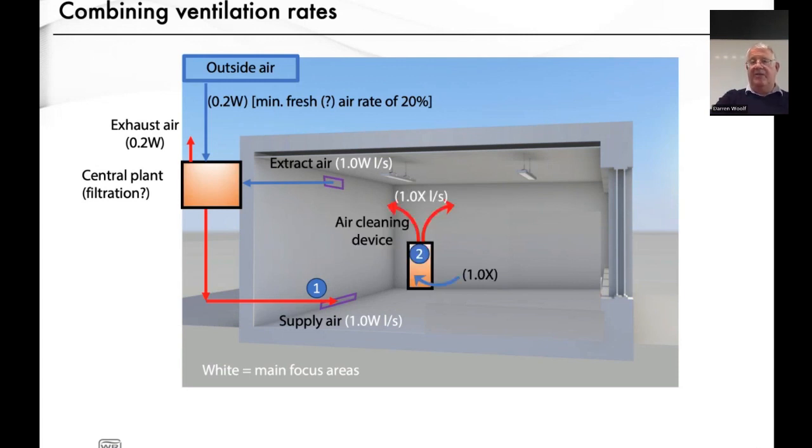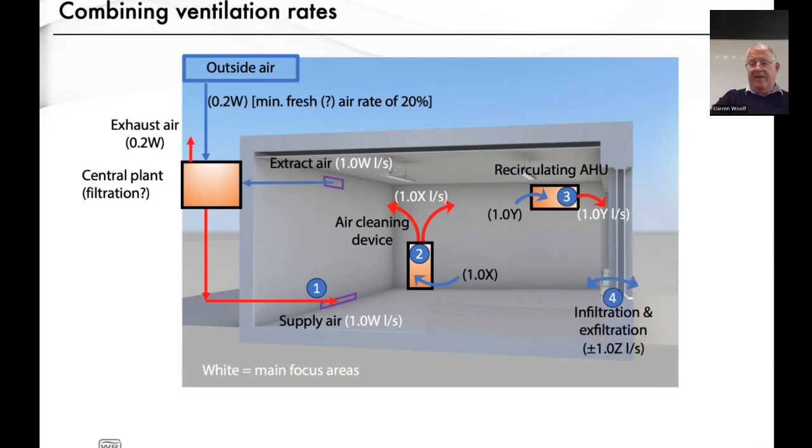Then you might have an air cleaning device in there with a flow rate X litres per second. Then a recirculating air handling unit with Y litres per second. And then you might have infiltration and exfiltration with Z litres per second. So you may not be focusing on all the flow rates and the balances when we're looking at the flows in the room.